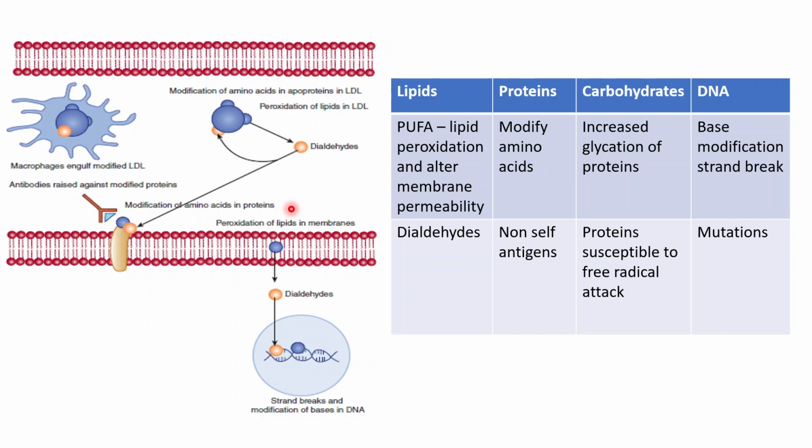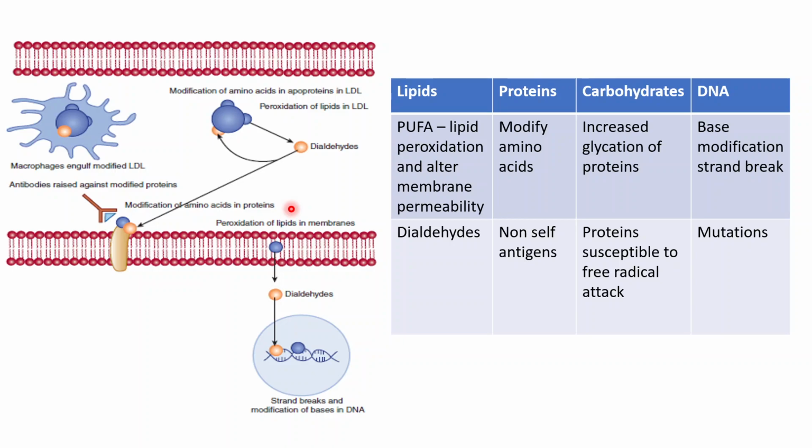Then free radicals also attack the carbohydrates. This causes increased glycation of proteins, where the carbohydrate attaches to the proteins. When this occurs, the proteins become more susceptible to free radical damage again.